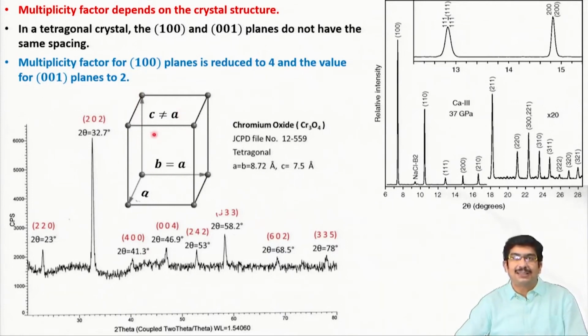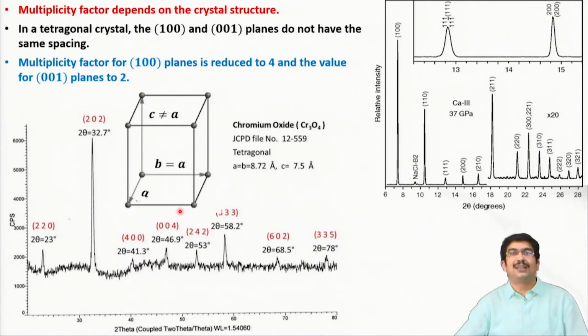So what happens is that for these planes, the top one and the bottom one, the interplanar spacing will be different from the 4 side planes. This plane, the back plane and the front plane will have the same interplanar spacing, which is equal to A, whereas the top and bottom planes will have an interplanar spacing of C, which is not equal to A. That means in a tetragonal crystal, the 100 and 001 planes do not have the same spacing.